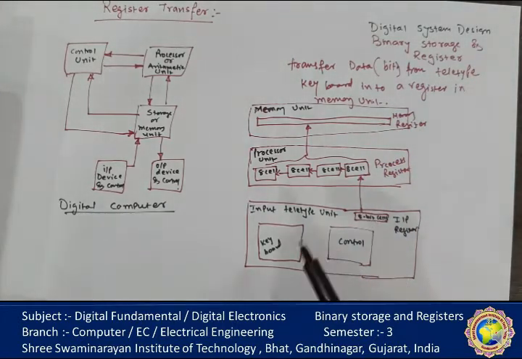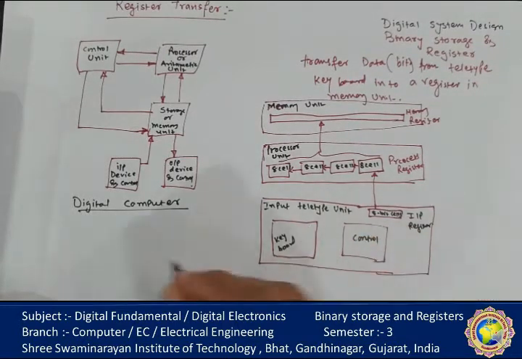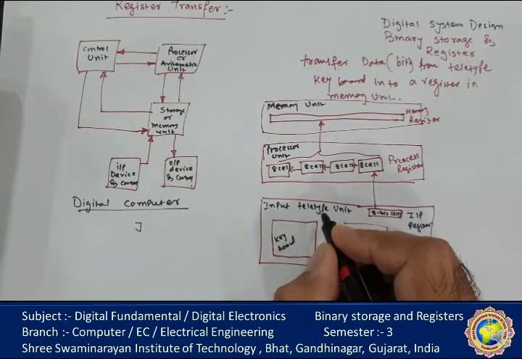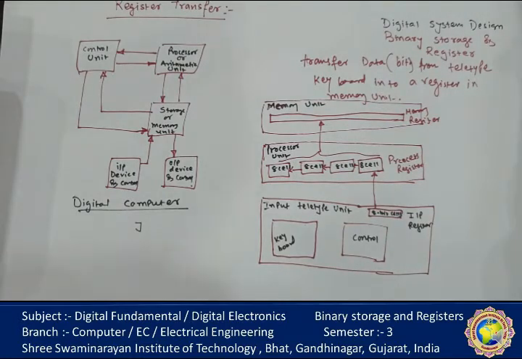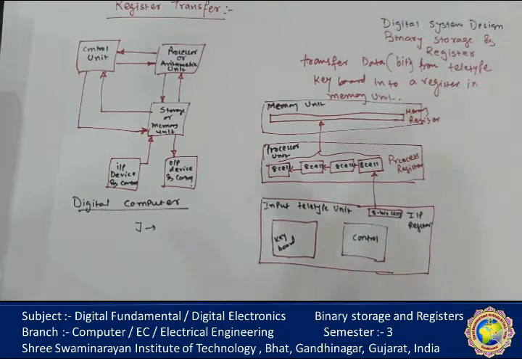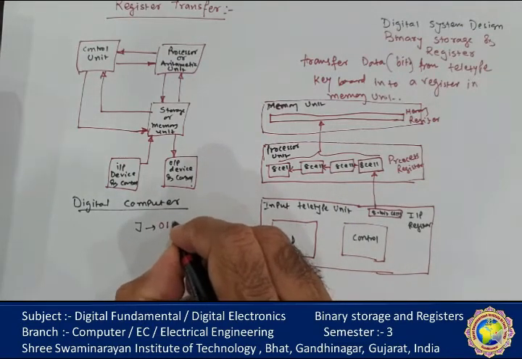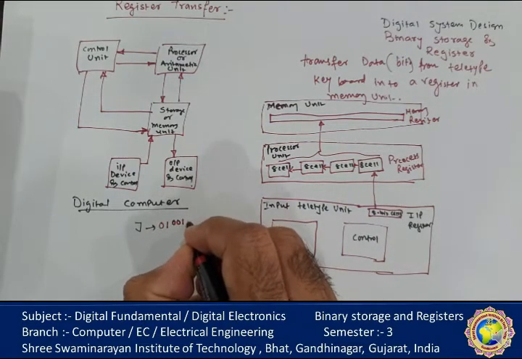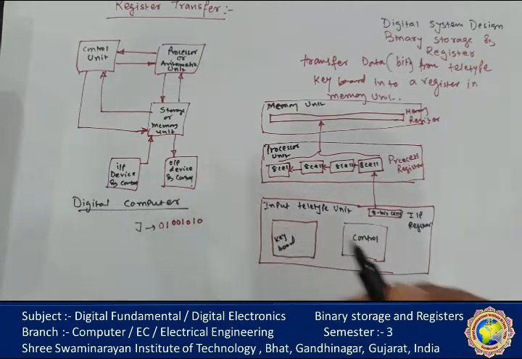Suppose the first key I press is J, and J is equal to 0 1 0 0 1 0 1 0, which is 8-bit information.